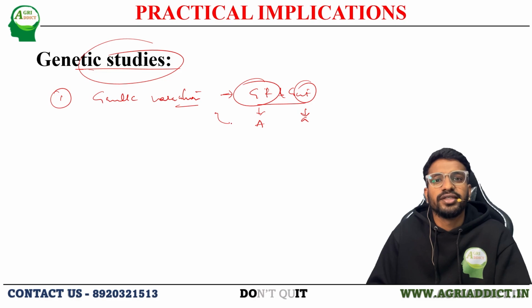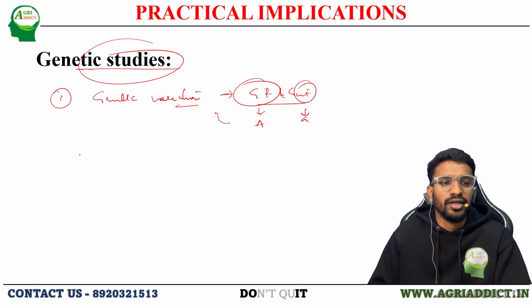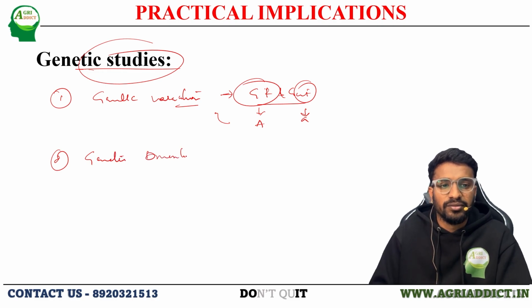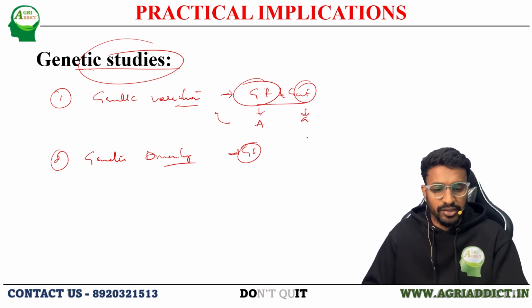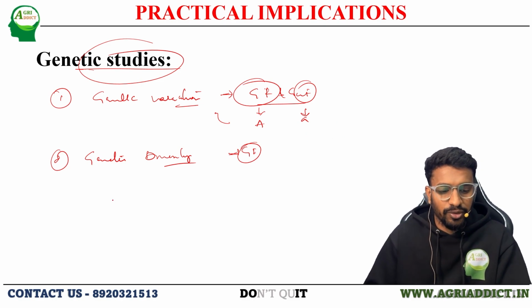That will give us the idea about how much genetic variation is present in the population. And next, we can study genetic diversity. Just by knowing the genotypic frequency, we can understand how diverse the population is. So that is the second important thing.